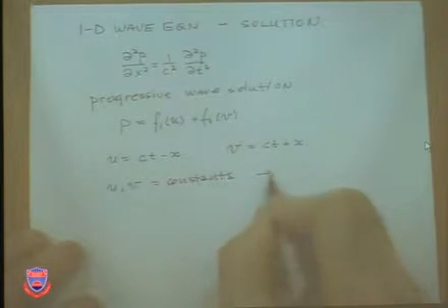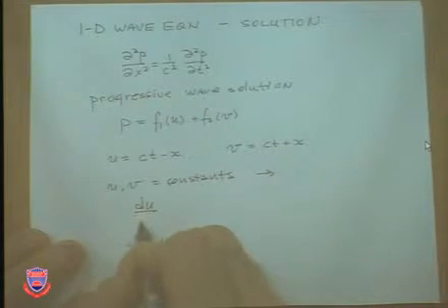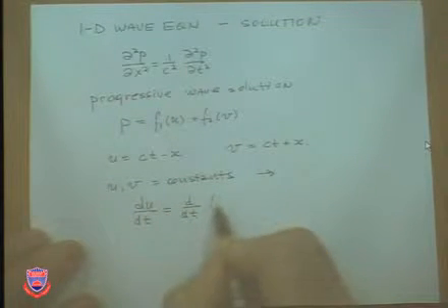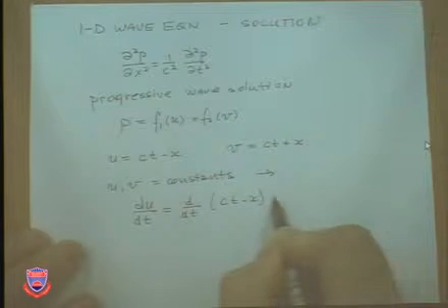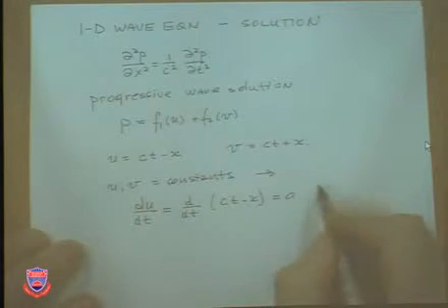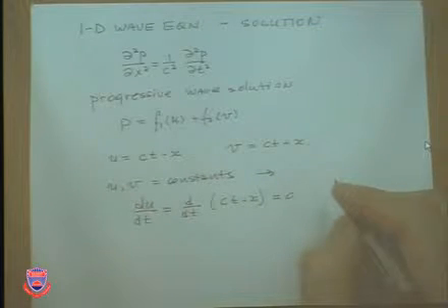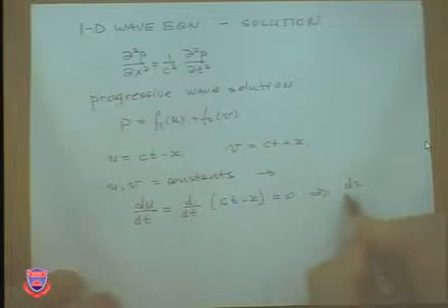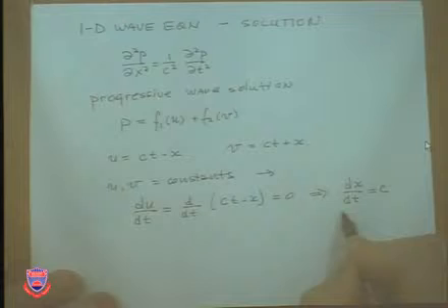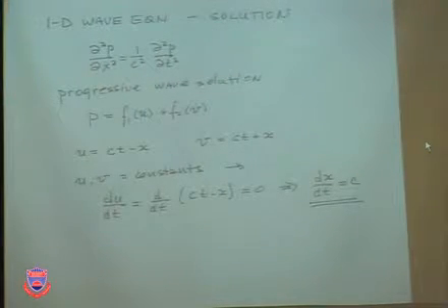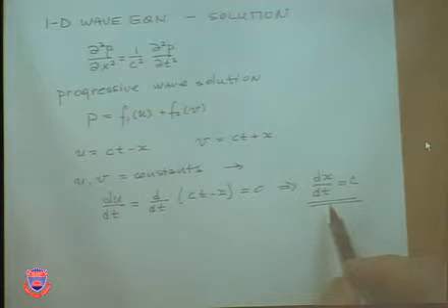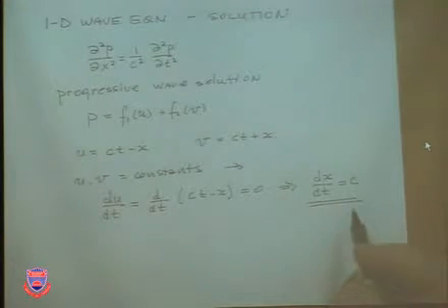So if they're constants, then we say du over dt, d over dt, what this is suggesting to us is that the wave is traveling with a speed of sound c in the positive direction.